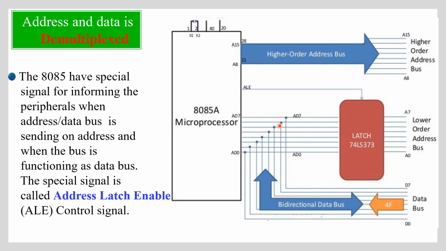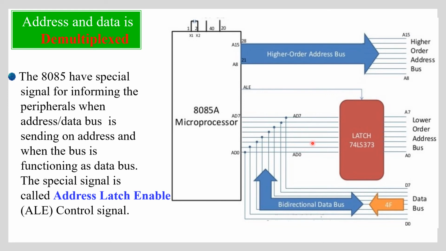They are used for the dual purpose of the lower order 8-bit address as well as 8-bit data. This is known as multiplexing, and such a bus is known as a multiplexed bus. Multiplexed means first selecting one and then the other.